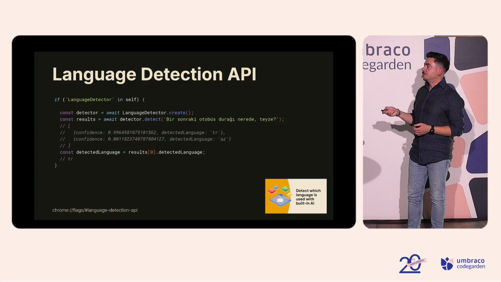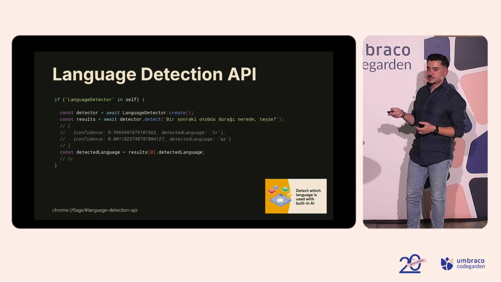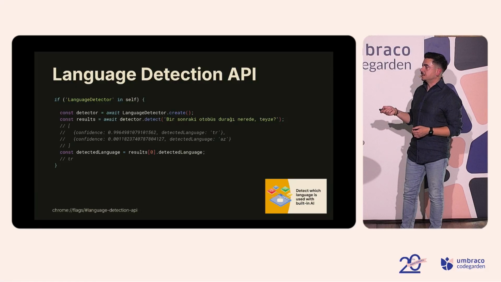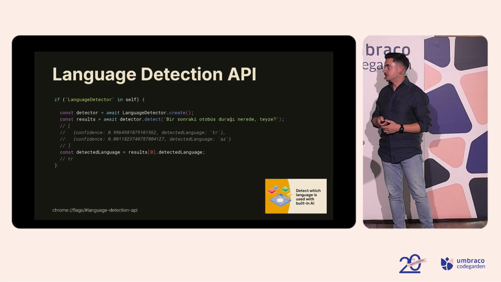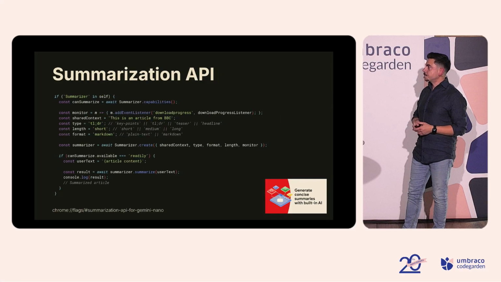Then you call detector.detect, you provide the text, and it creates a score with a confidence for which language it detects this query to be. Here it detected a 99% chance this is Turkish, and a very small chance that this is Azeri. Turkish and Azeri are quite similar languages, so it also gave it a chance. And then you get the detected language as a response.